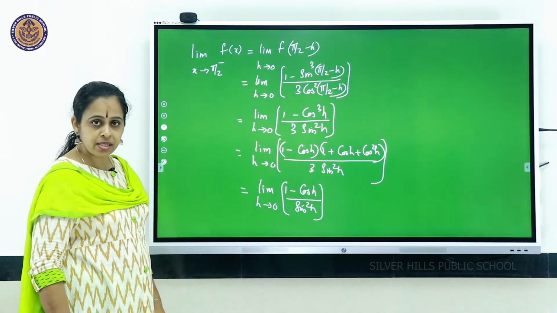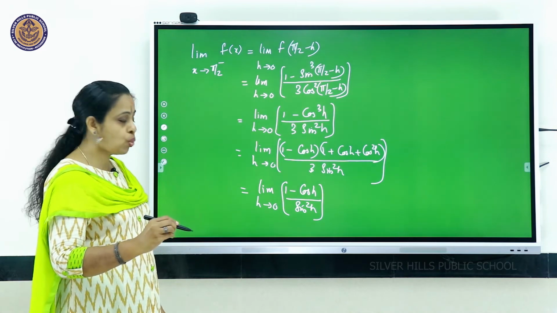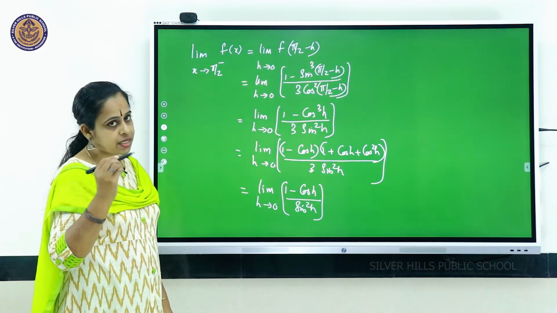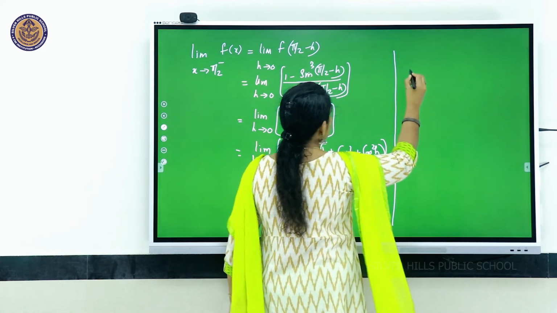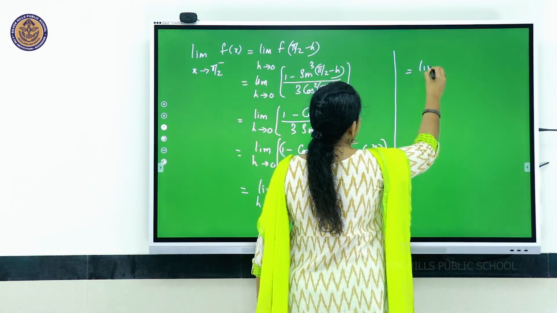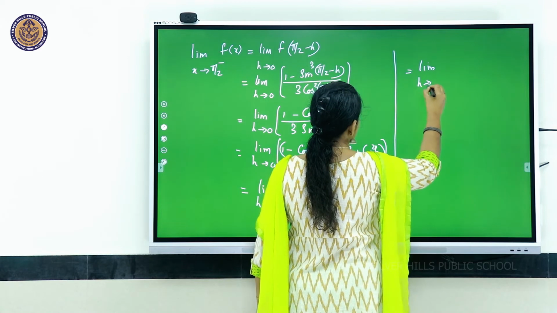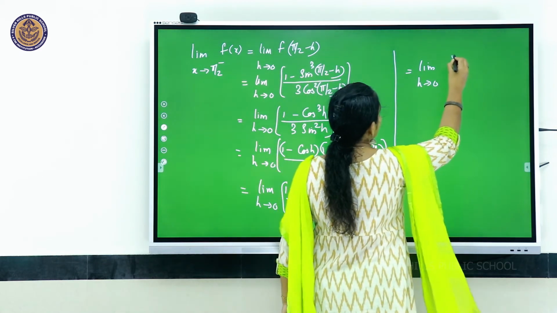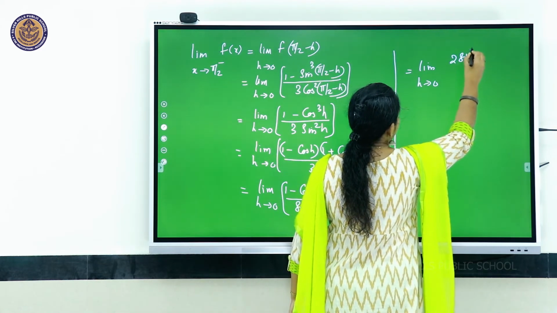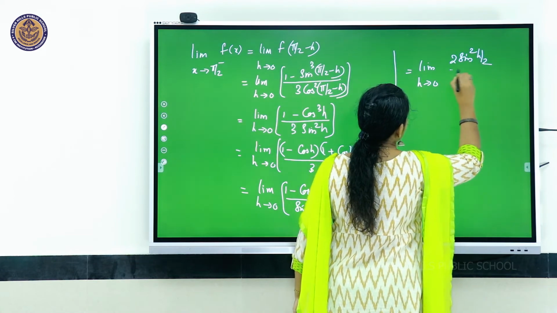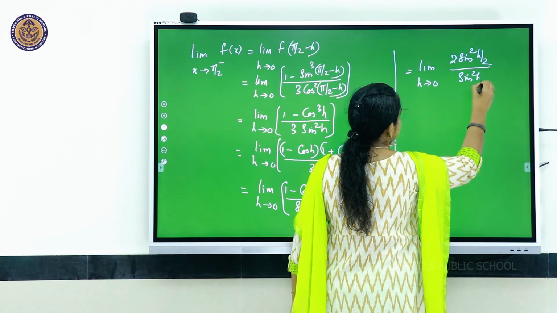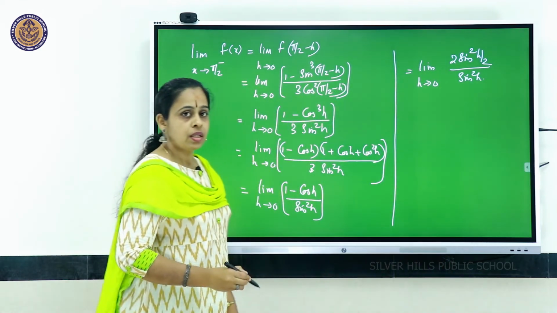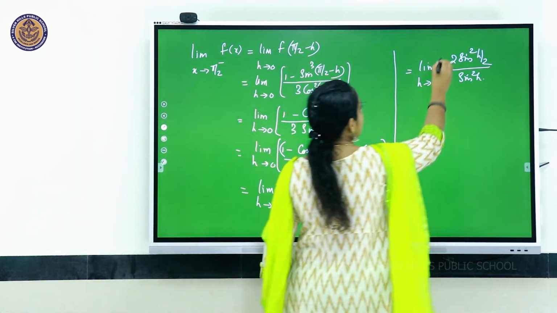What is 1 minus cos theta? 2 sin square theta by 2. So, equal to limit h tending to 0, 2 sin square (h by 2) by sin square h. This is the function there.